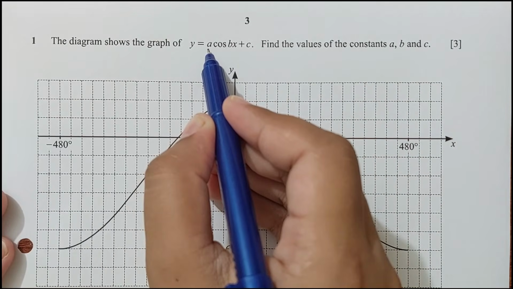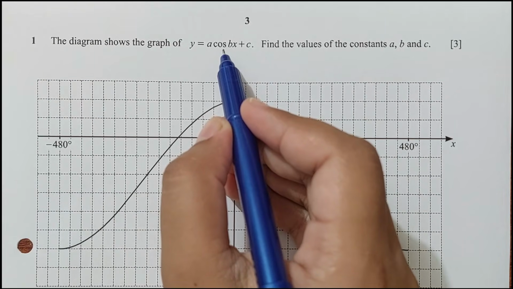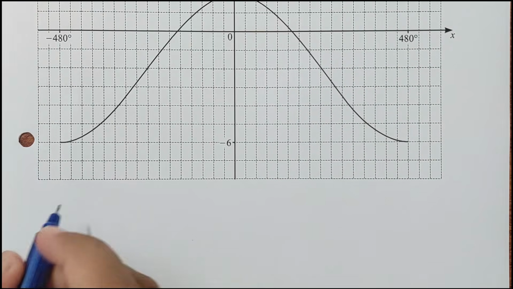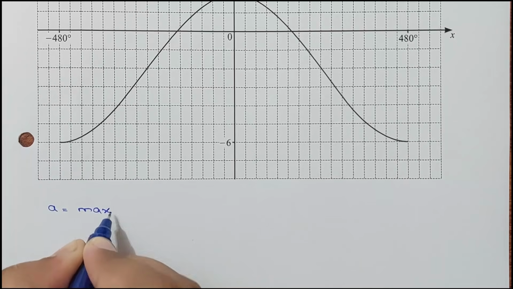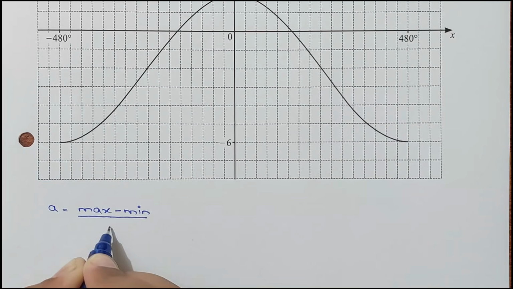So a is the amplitude, c is the equation of the x-axis, and b you will get with the help of the period. Let me solve with the amplitude. Using the formula for amplitude, a is the maximum value minus the minimum value divided by 2.